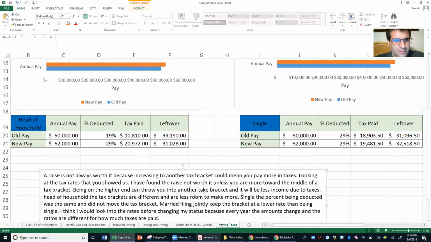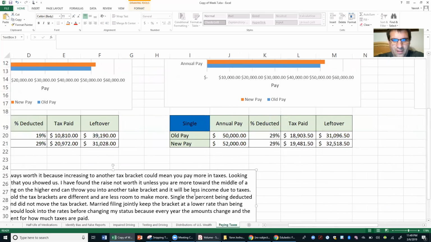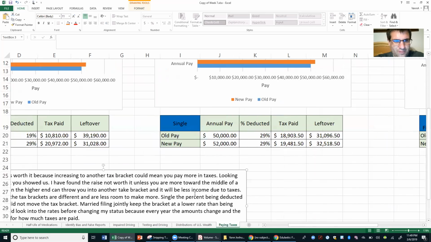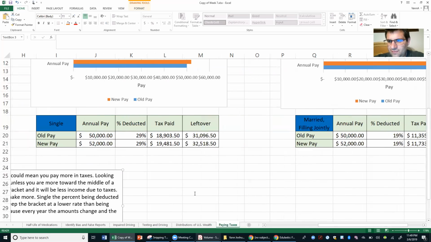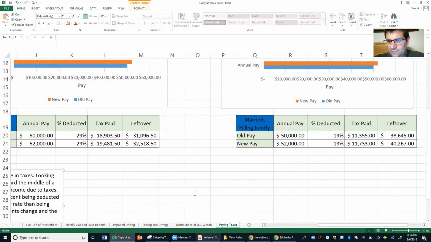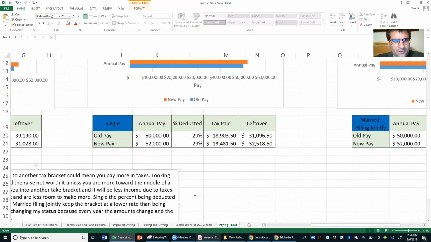So as you can see, we looked at the annual pay, the percentage of deductions, the taxes paid, and then what the leftover is. And each one of them is different.